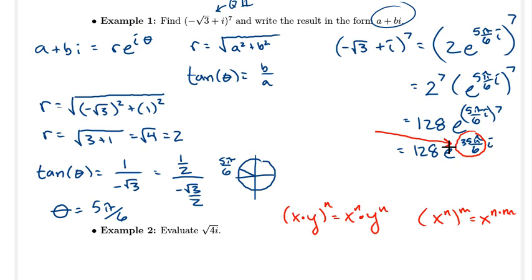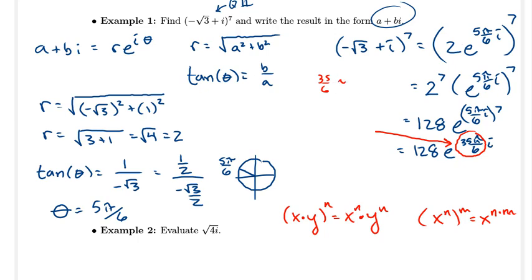If we think way back to earlier in the quarter when we were talking about coterminal angles, if I subtract multiples of 2 pi from this angle, I'll end up in the same place on the circle. So I might start by saying, okay, this is 35 over 6. And when we take 35 over 6, that should give us, I think, 5.83.